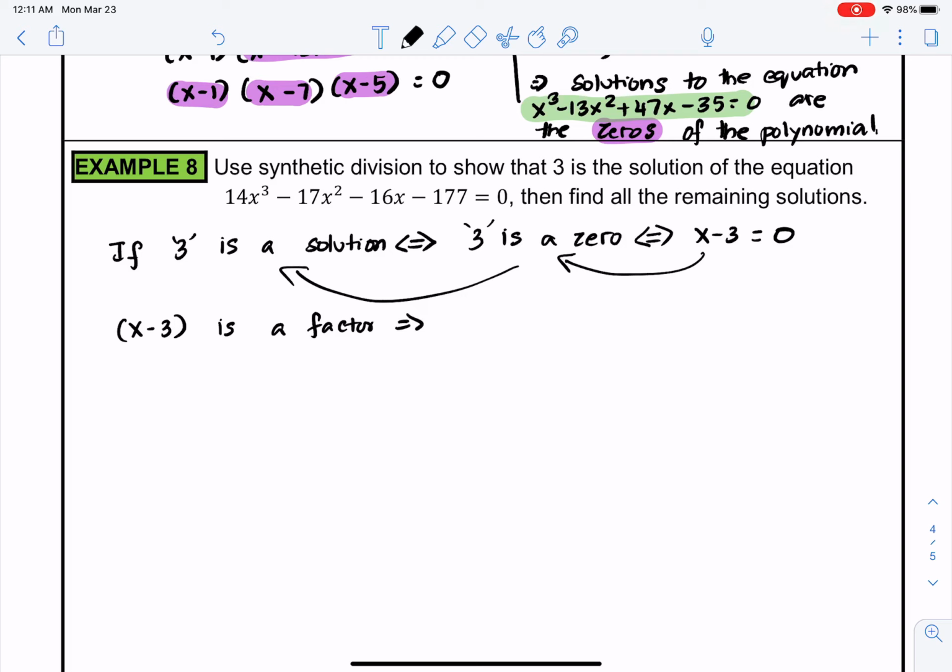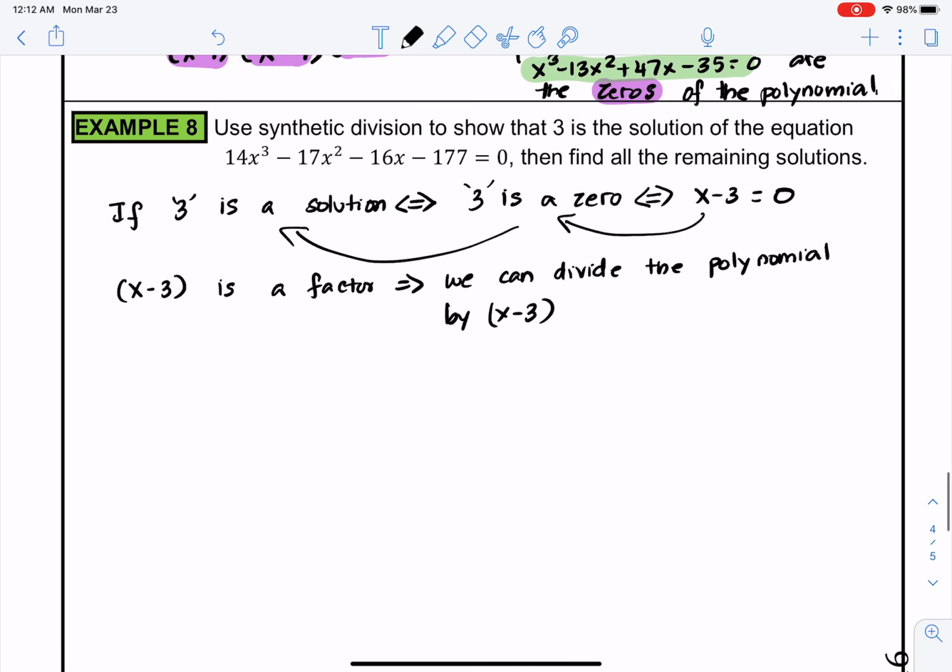So we can divide the polynomial by x minus 3. If you know that a function is a factor of a polynomial, we can always divide that polynomial by that particular factor.